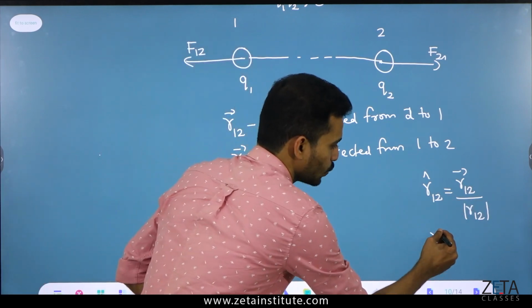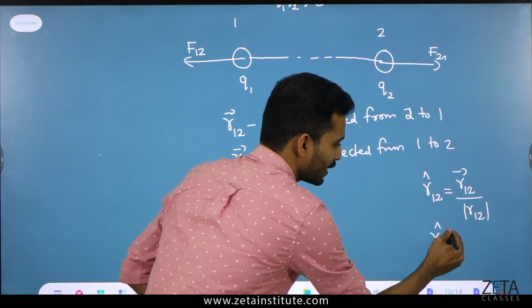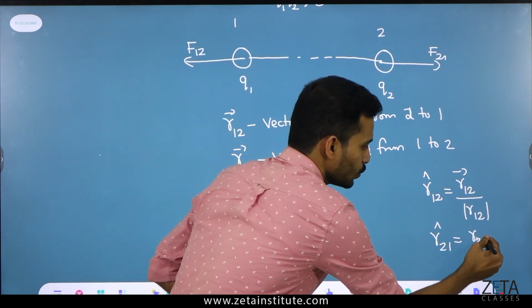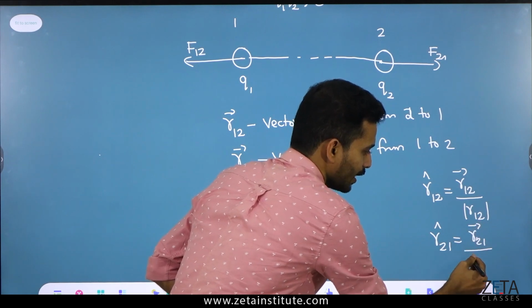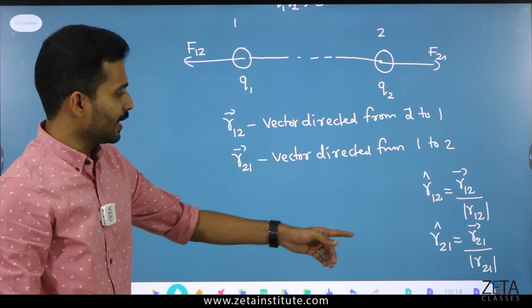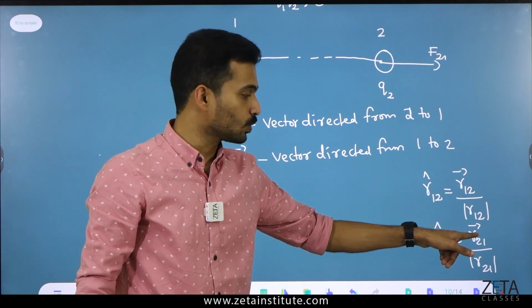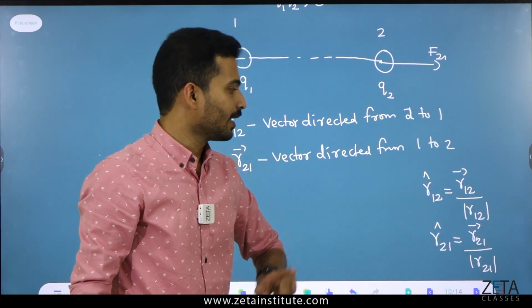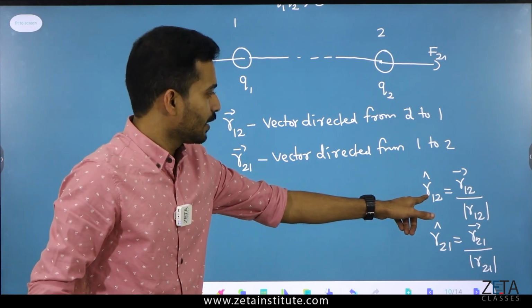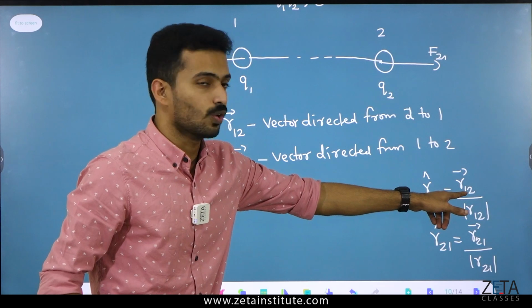And what is R21 cap? R21 cap is equal to the vector R21 divided by the magnitude of R21. So what is this? It is directed along the direction of R21.